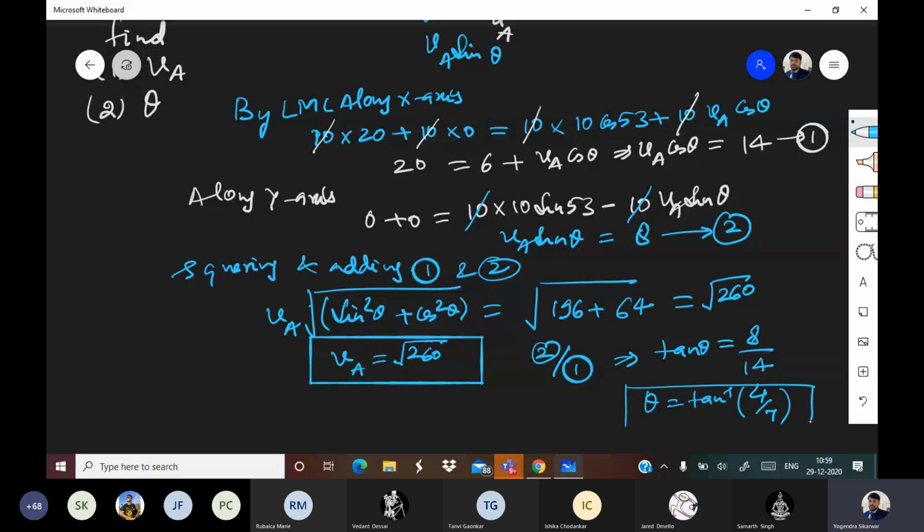How many of you solved all parts correctly?